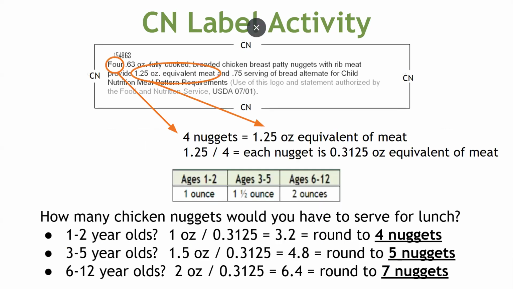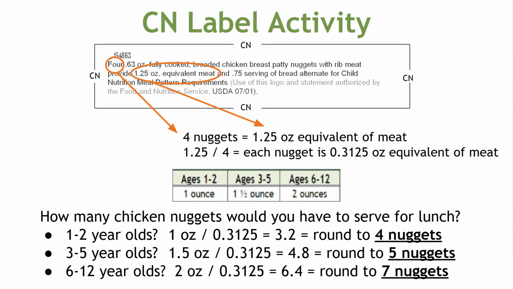So here is the math for each one of those age groups. You can see that four fully cooked chicken nuggets will get you 1.5 ounces of meat. So for your 1 to 2 year olds, you can serve 4 chicken nuggets to meet the ounce requirement for that age group. For 3 to 5 year olds, because you need 1.5 ounces, you would need to add one additional chicken nugget to be able to meet that meal component.